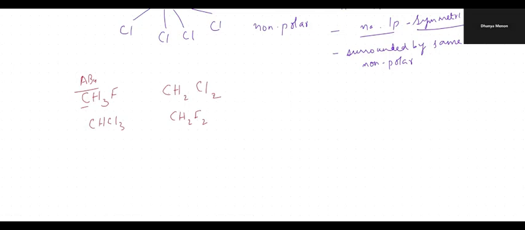So they are all of the AB4 category. Do you think their dipole moment will be 0? No, because they don't have symmetry. They don't look the same from all sides, and they are not surrounded by the same kind of atom.